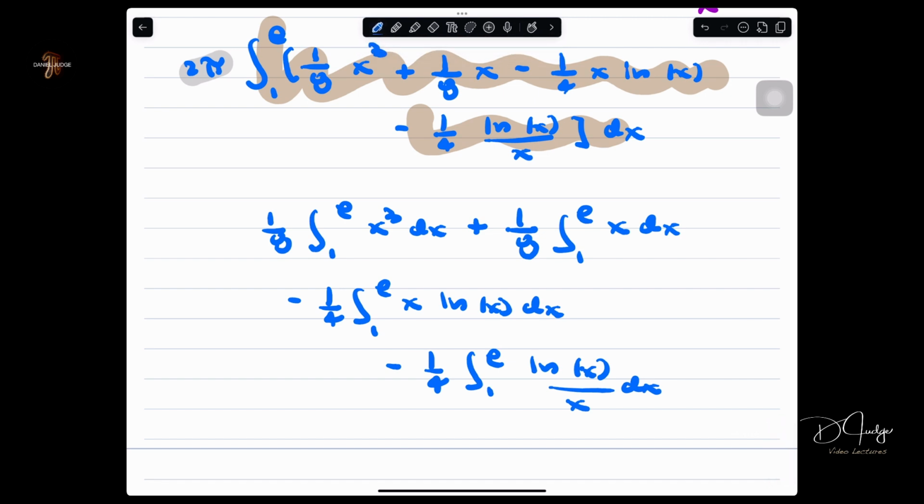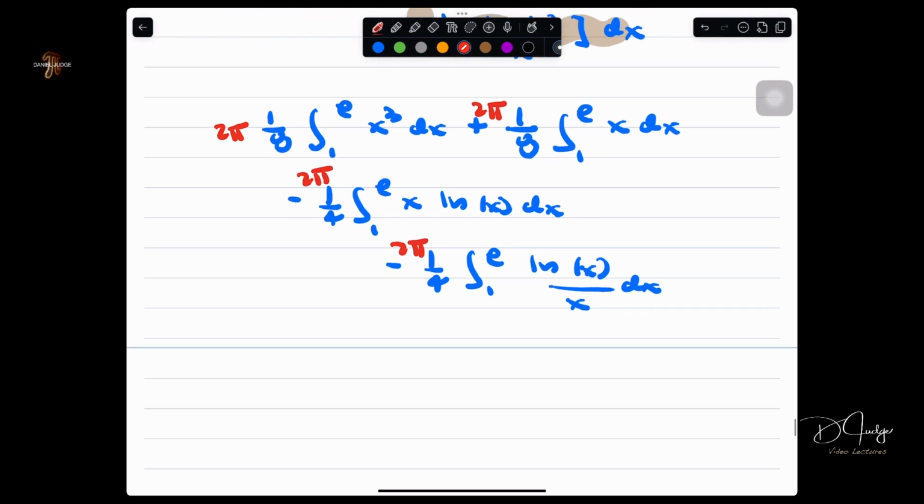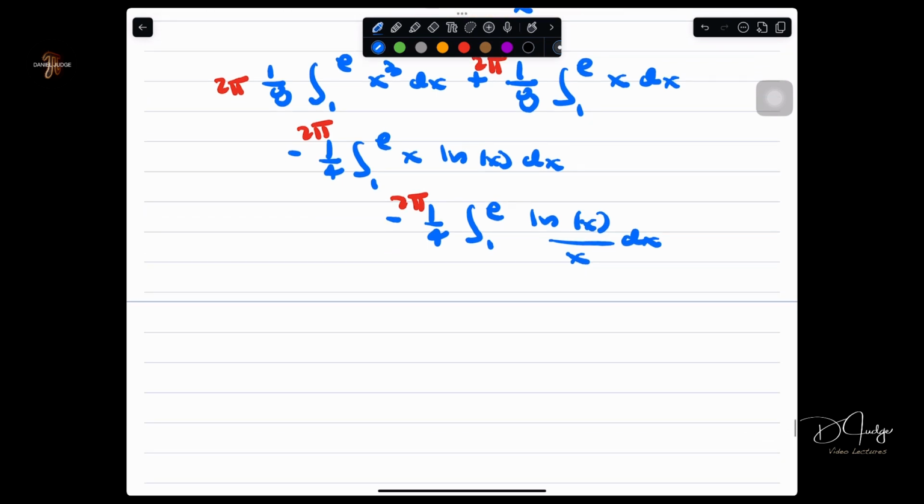And I guess we're just going to multiply that constant, that 2 pi, for each. Let's just do it now so we don't forget. So we're going to get now, for the first one, a factor pi over 4.